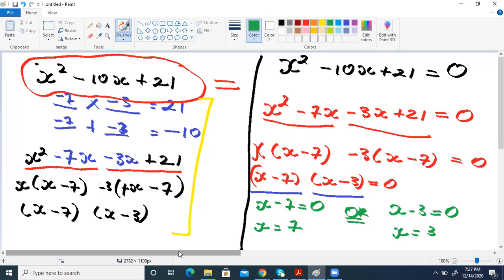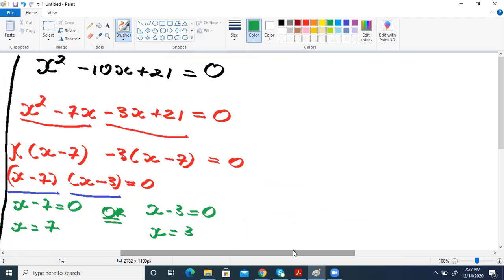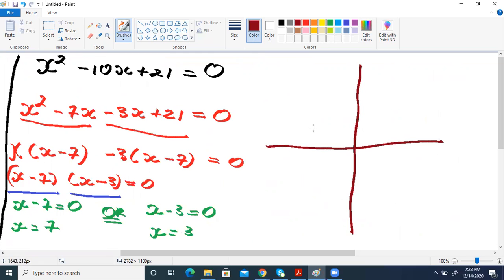Before I give you another question, I just want you to appreciate why a quadratic equation will yield two possible solutions. Now, what I'm drawing here is how you would rule up a graph. It's a Cartesian plane.